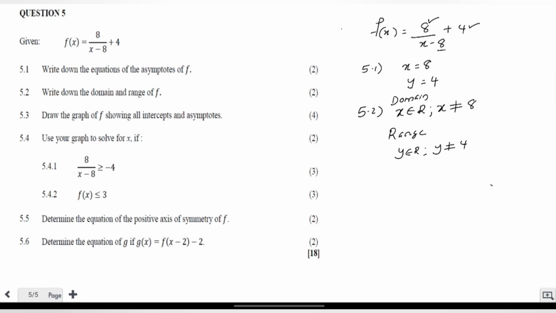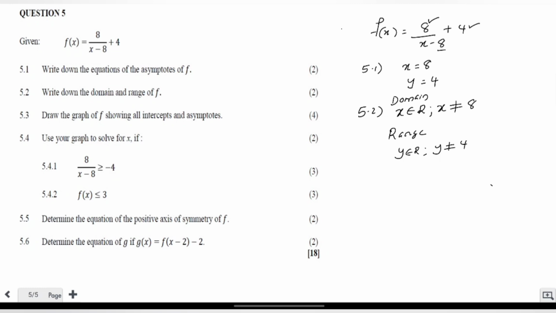That is the next question, 5.3. We are going to draw the graph. So usually, like other graphs, what we need first is the x-intercept and y-intercept. If you are drawing a parabola or a straight line or a hyperbola or exponential or a logarithmic, any function, including a trigonometric graph, when you draw, the first thing is you have to draw the axes.